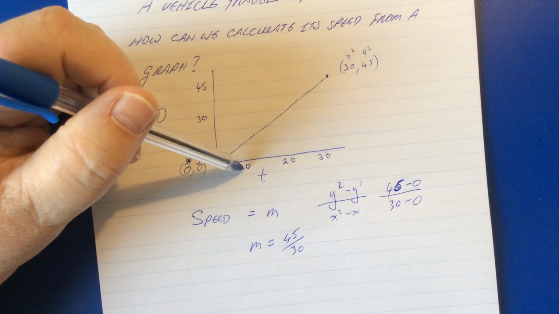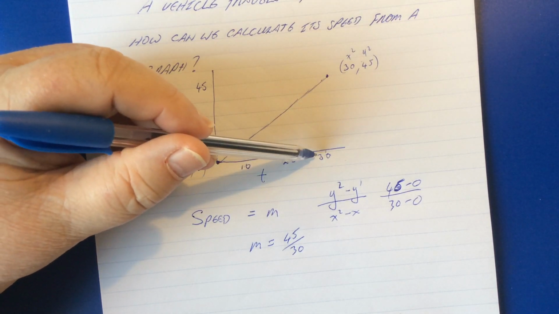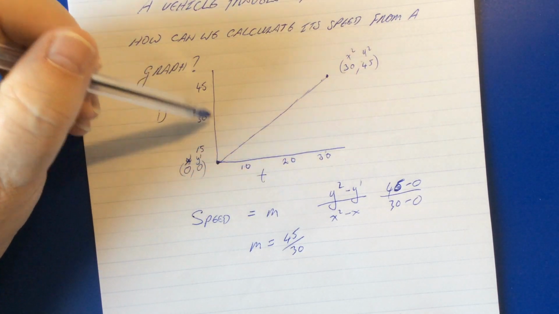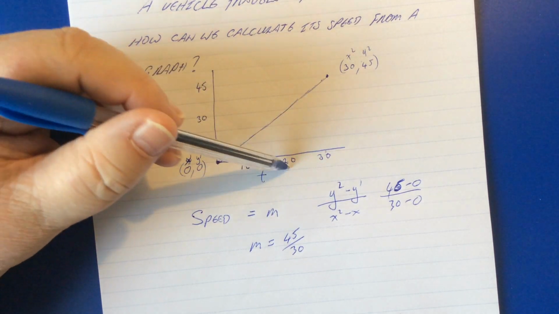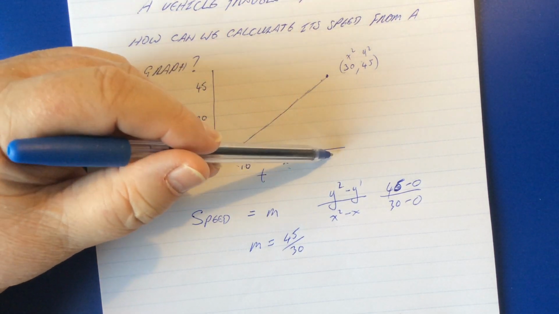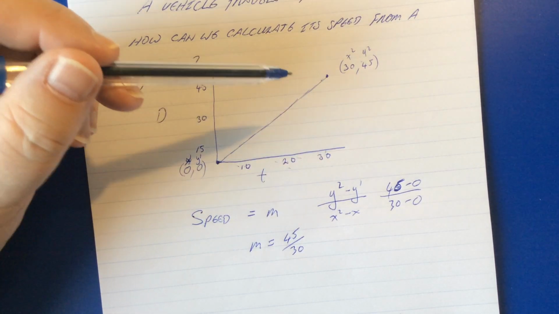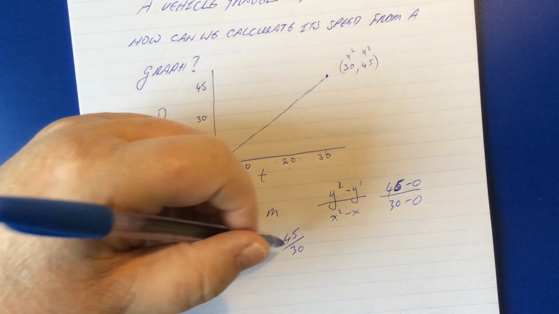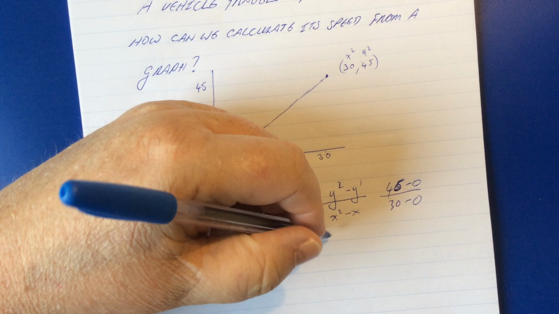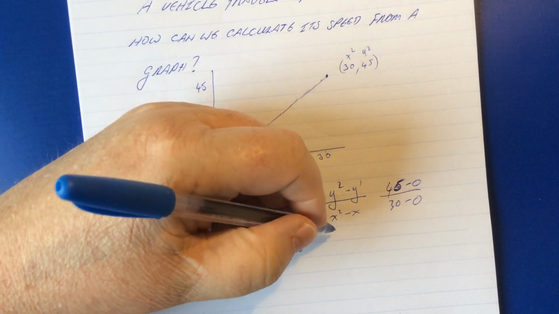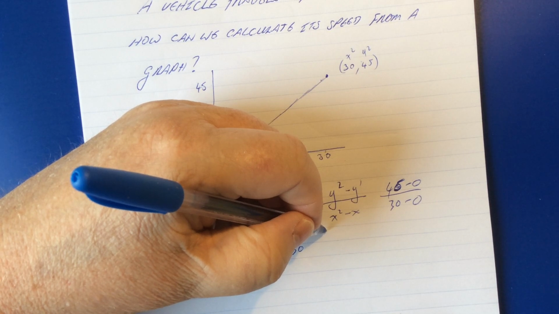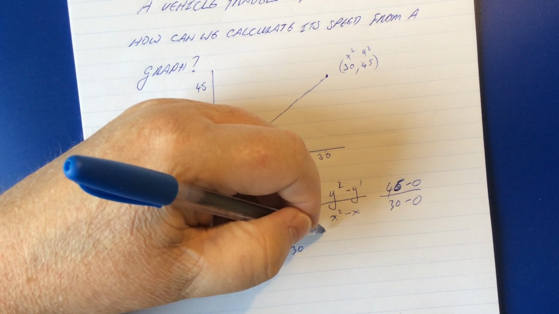What I'm going to do in a moment is I'm going to redraw this graph and recalibrate it so that we have units down here that are in hours. Okay, so what do we get here? Well, what we get is how many 5s in 45?